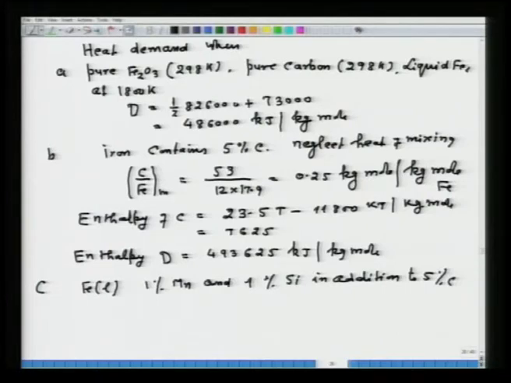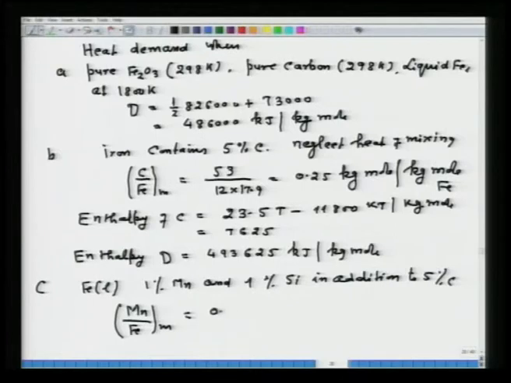Now, what do we have to do here? First of all, we have to calculate Mn upon Fe. Again, 1000 kg of product iron. So, manganese and silicon will each become 10.75 kg. In kg moles you can calculate, that will be 0.011 kg mole Mn per mole of iron.